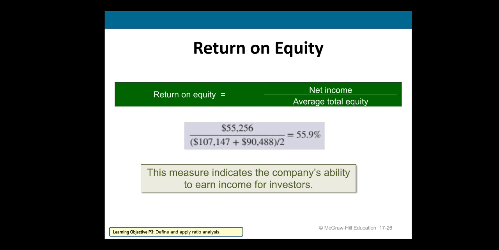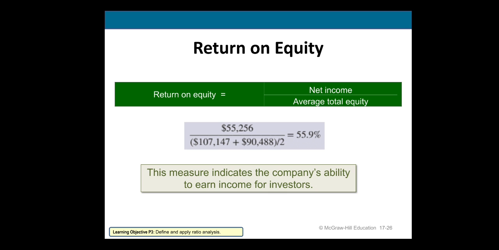If you invest $1, you will get 55.9 cent return at the end of the accounting year. Let's say you invested $10,000. The business will generate $5,590 for you.